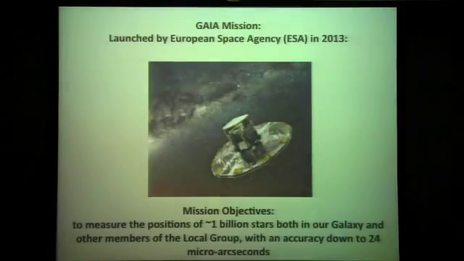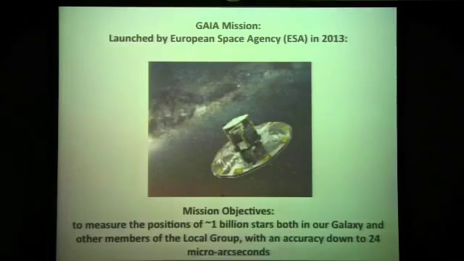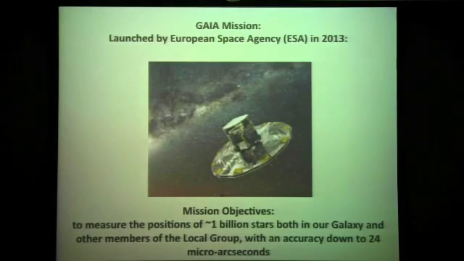However, the European Space Agency in December of 2013 launched a telescope specifically designed to be capable of doing this. It's called the Gaia mission. And Gaia is designed to measure the positions of more than 1 billion stars in the Milky Way galaxy, down to an accuracy of 24 micro arc seconds, 24 millionths of a second of arc.